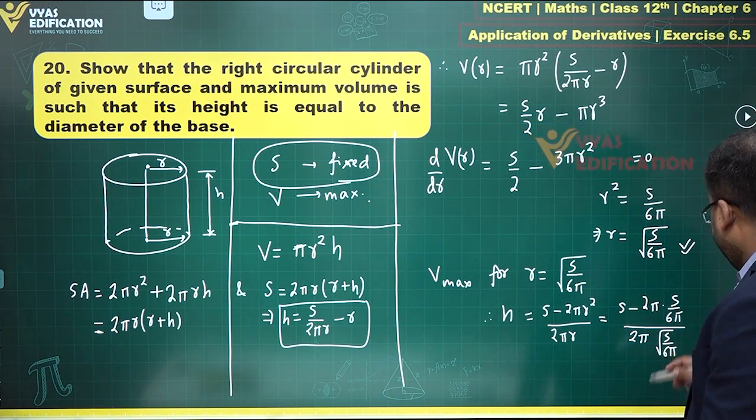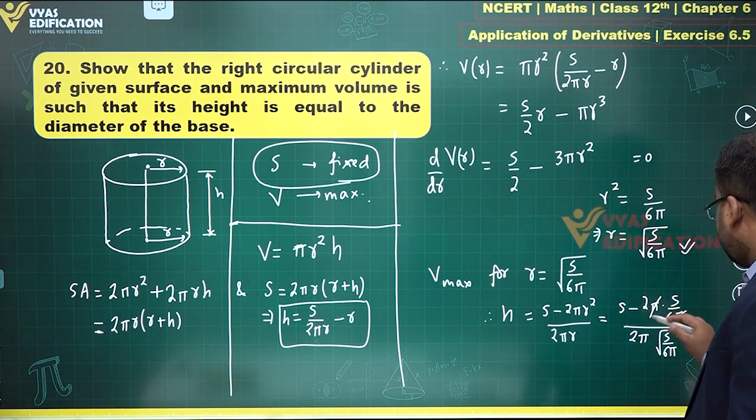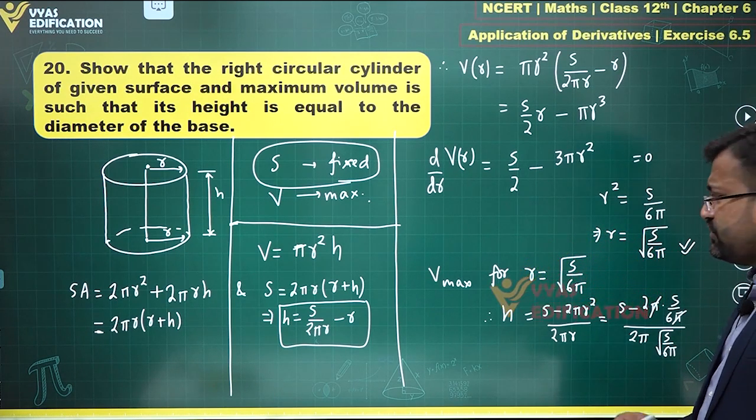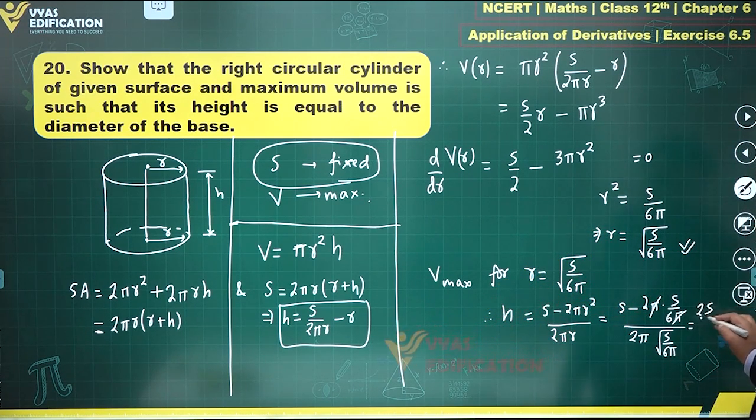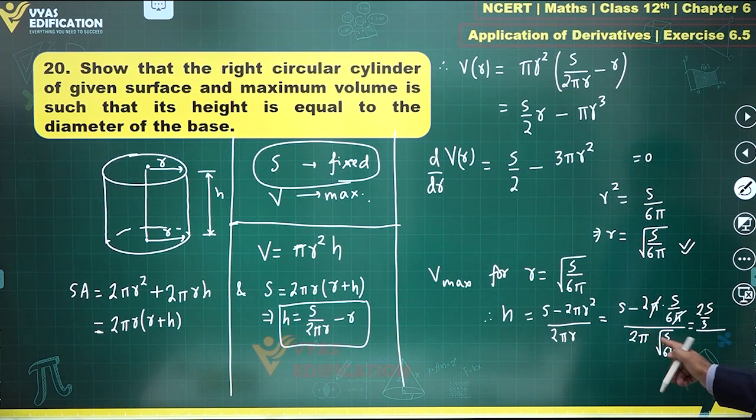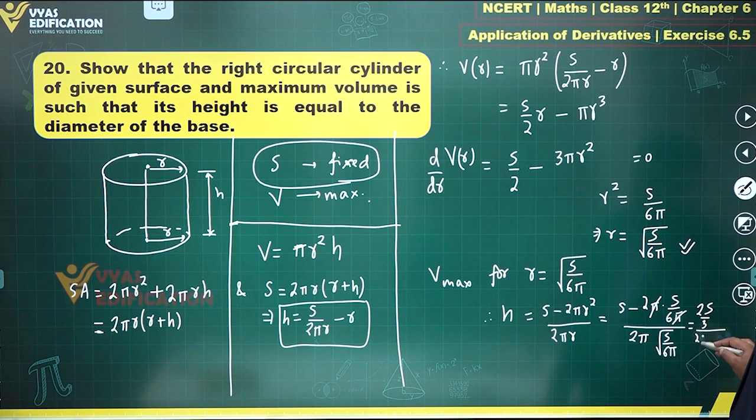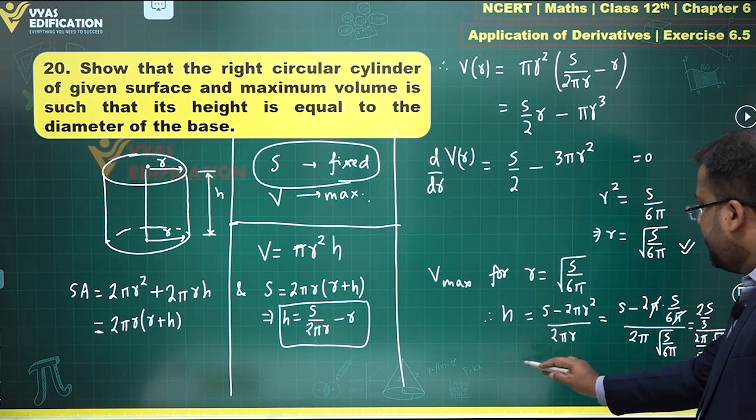Okay, on simplification, where does that take us? This is 1 by 3. S minus s by 3 is 2s by 3 in the numerator. And in the denominator, you get 2 pi and root s. So 2 pi, let it remain as it is. Root s, let it remain as it is. And root of 6 pi is what I have over here. Let's simplify this further.